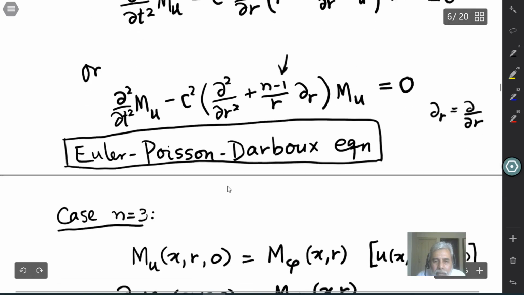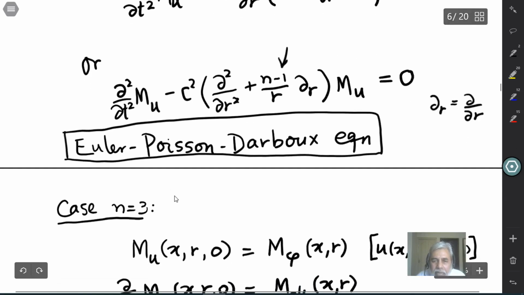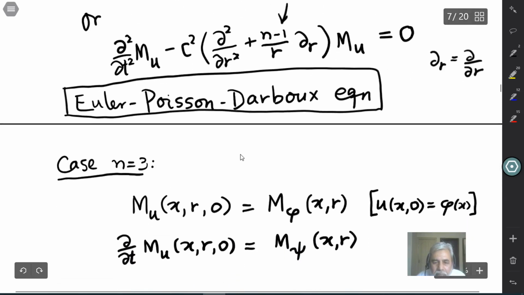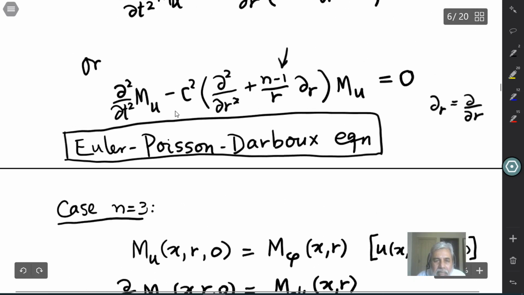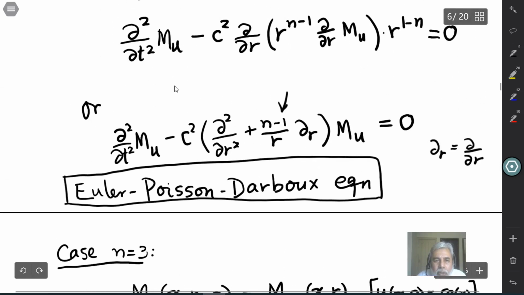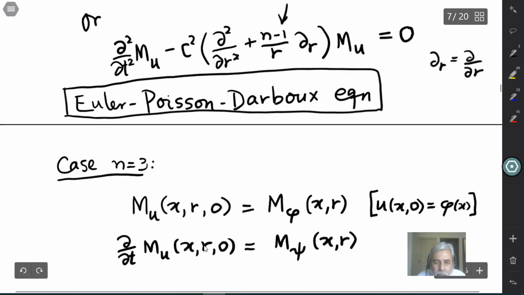So again we go back to the case n equal to 3. So the initial conditions at t equal to 0 on u now are transformed to initial conditions for the spherical mean function.